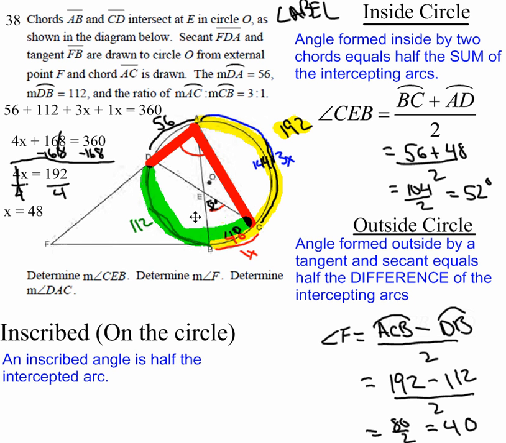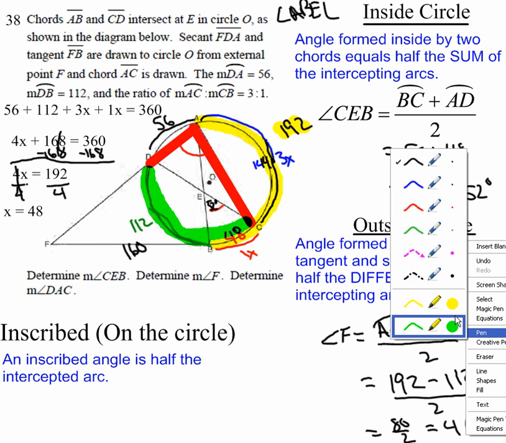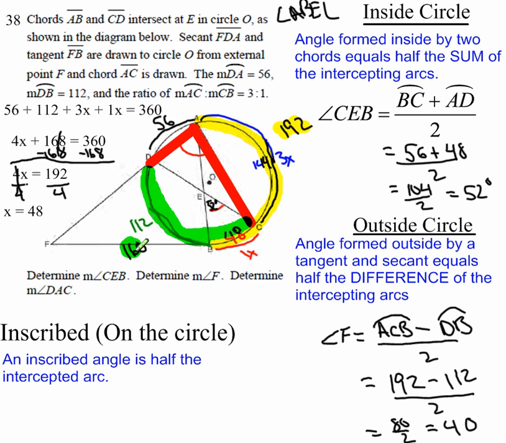That is arc DBC. That's going to be 112 plus 48. 112 plus 48 is going to give me 160. So the measurement of arc DBC is 160.